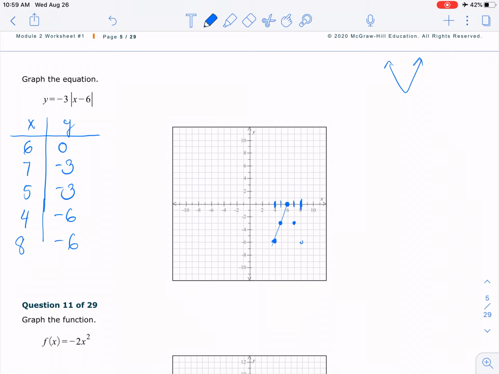So we get the same values. As you can see, that is going down because of the negative right here.